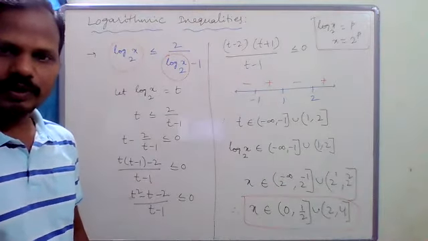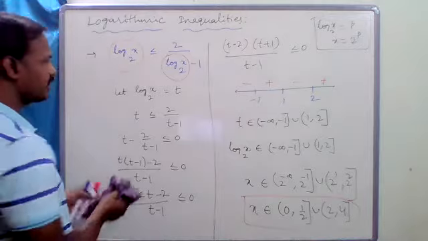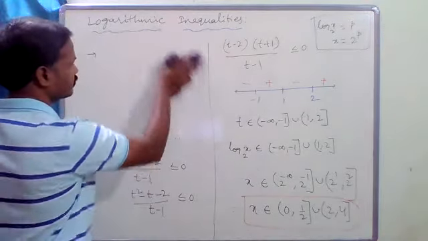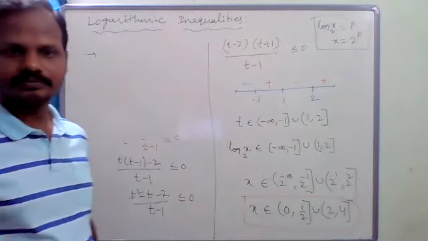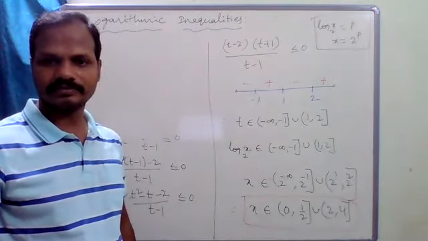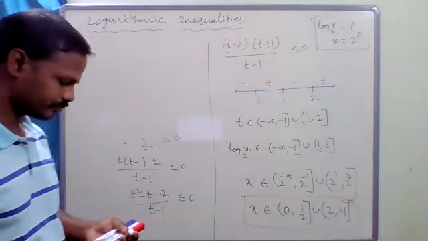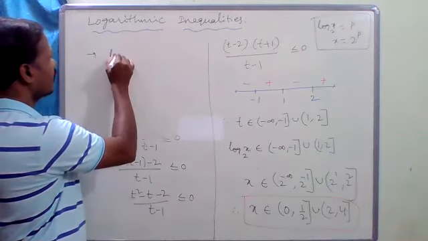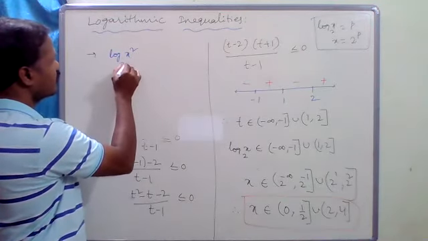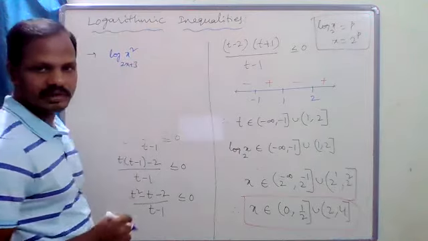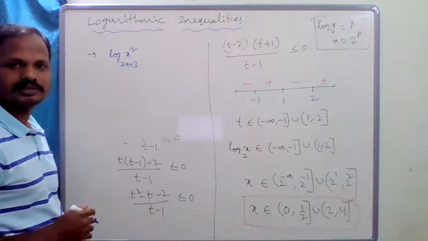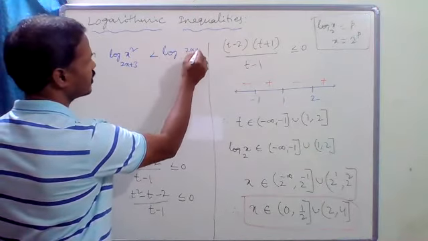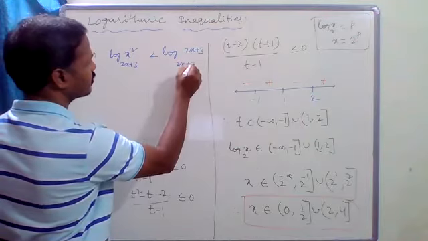So I will give one homework problem on this logarithmic inequality. So the problem is log x square base 2x plus 3 less than log 2x plus 3 base 2x plus 3.